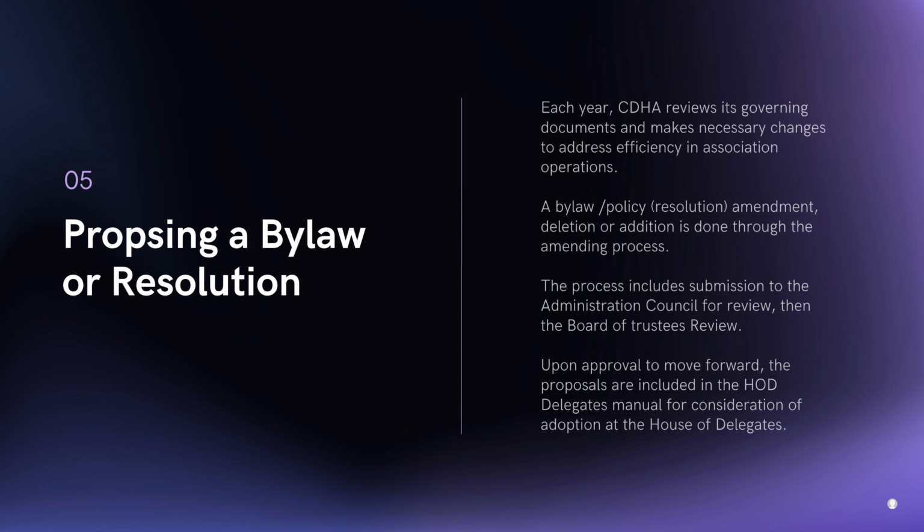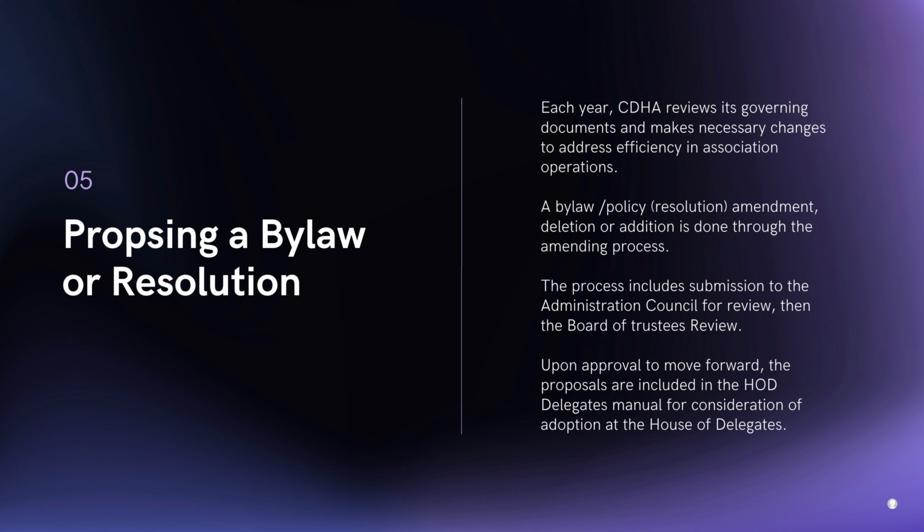Each year, CDHA reviews its governing documents and makes necessary changes to address efficiency in association operations. A bylaw, policy, or resolution amendment, deletion, or addition is done through the amending process. The process includes submission to the Administration Council sometime in February, who will review, then forward the bylaw and resolution changes to the Board of Trustees in March for review.